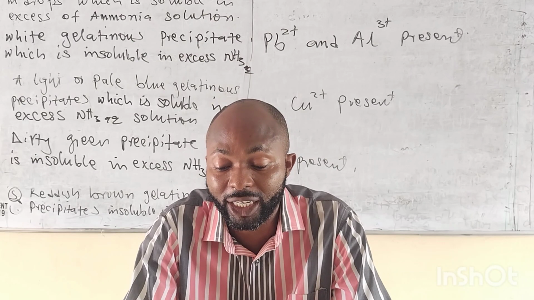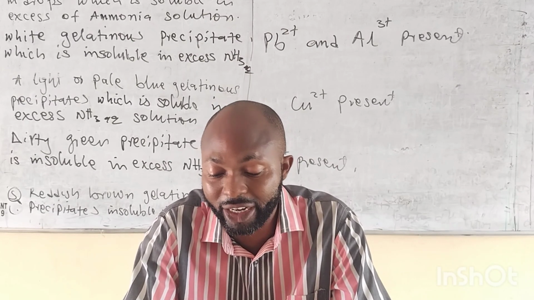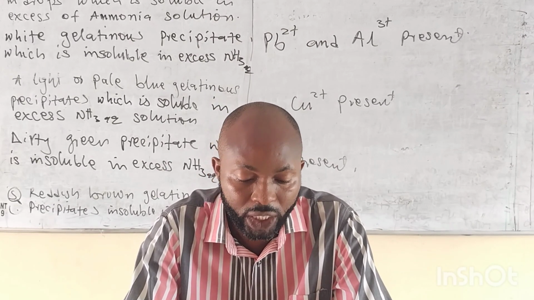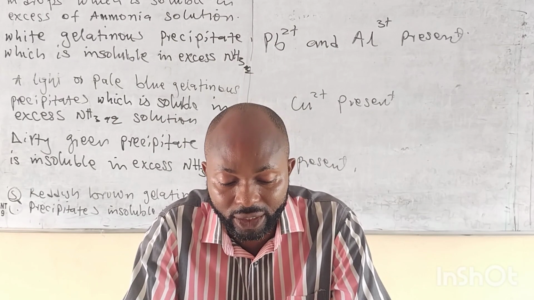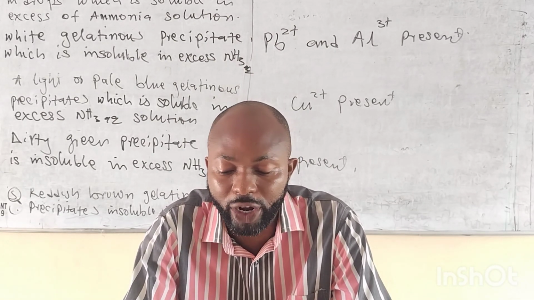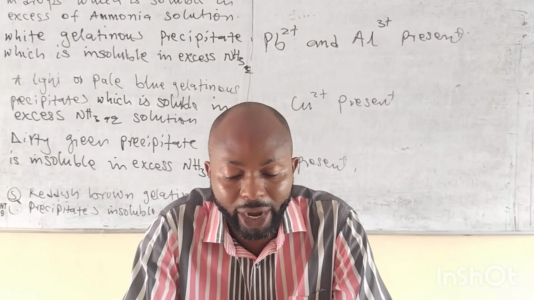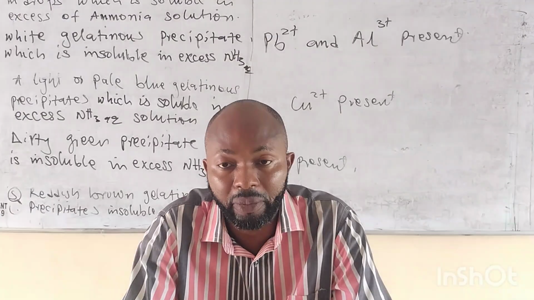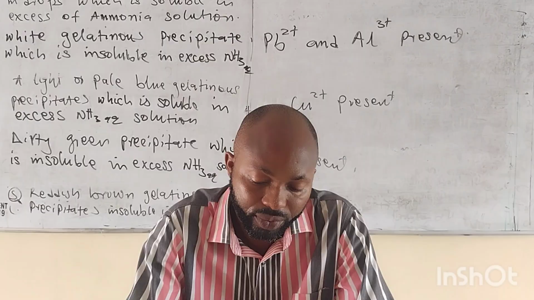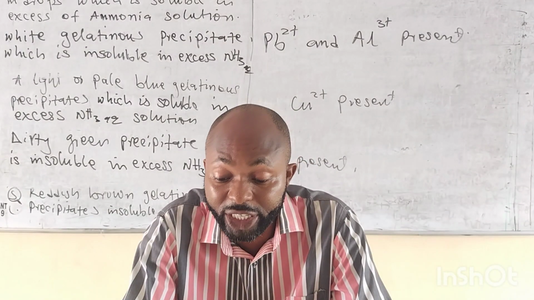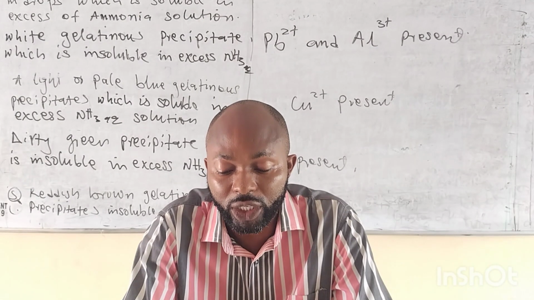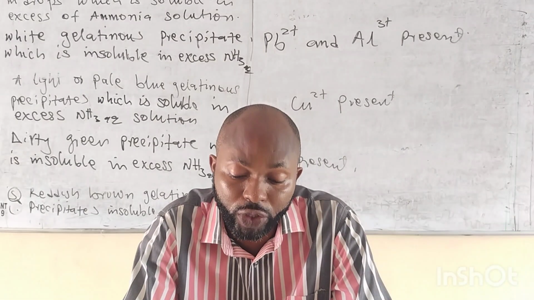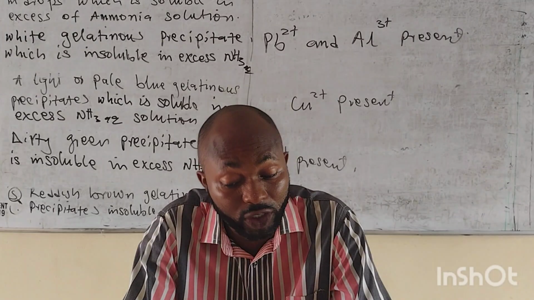The anion present in an inorganic substance can be identified as follows. By action of heat, 1, by addition of dilute hydrochloric acid, 2, by addition of concentrated tetraoxosulfate(VI) acid, 3, and by confirmatory test, that is by precipitation, which is by the addition of a suitable reagent to the solution of the substance.